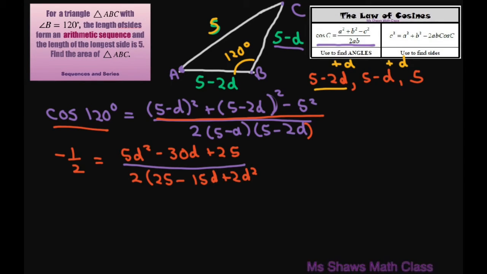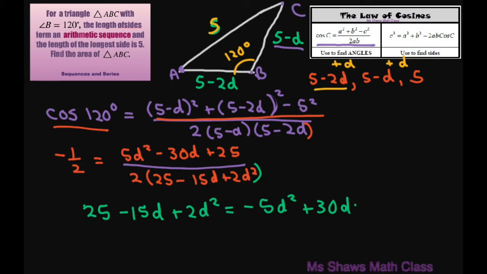All right, let's cross multiply, and we're going to get 25 minus 15d plus 2d squared equals negative 5d squared plus 30d plus 25.